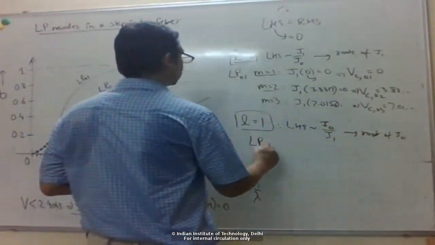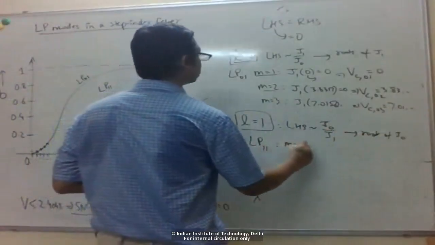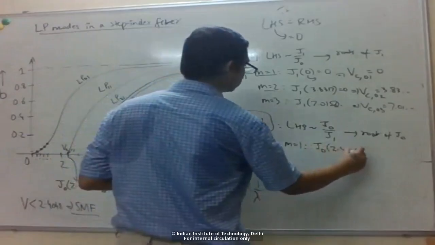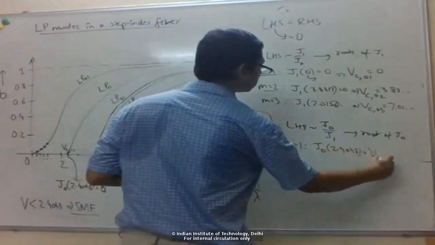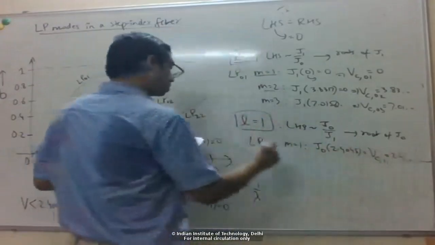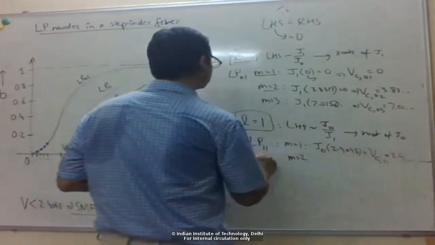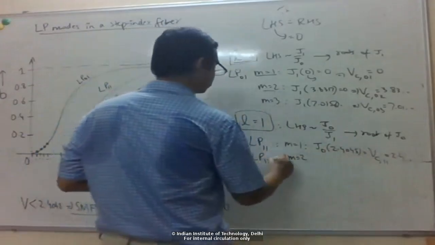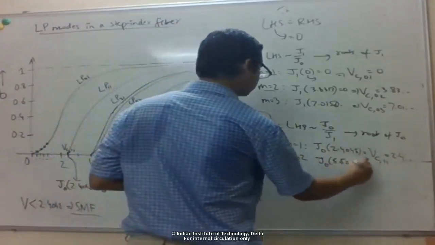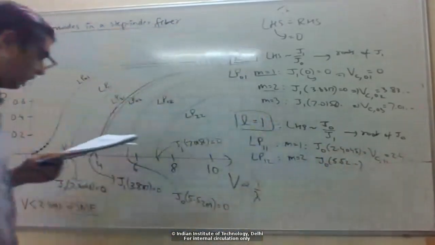The cutoff for LP11 will be when J0 becomes 0, that's at 2.4. LP12 will be the next root, which is 5.52 something, and so on.